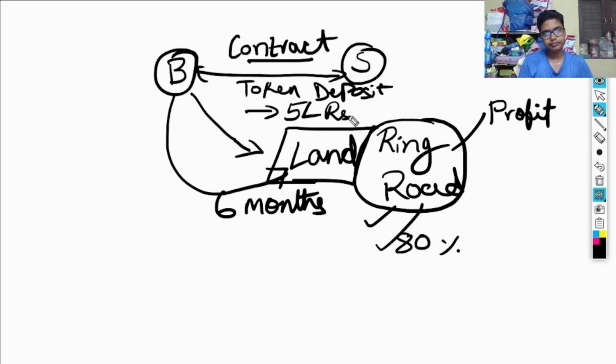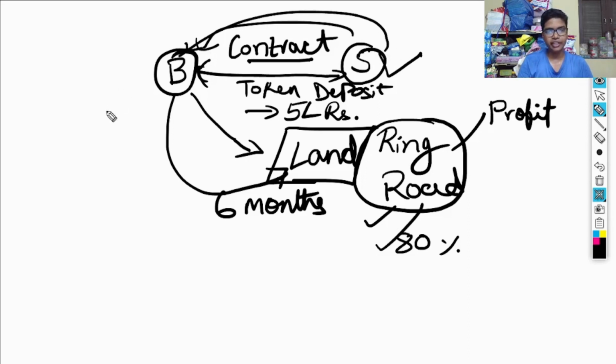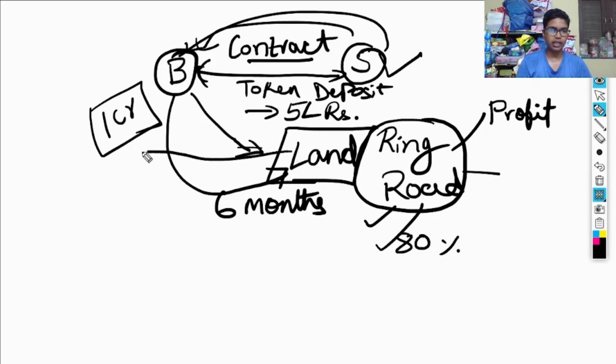For that, the seller has to promise, and has an obligation, to sell the particular land without checking the market price. He needs to sell the piece of land at 1 crore rupees, after the 6 months elapse, whether the ring road is sanctioned or not.